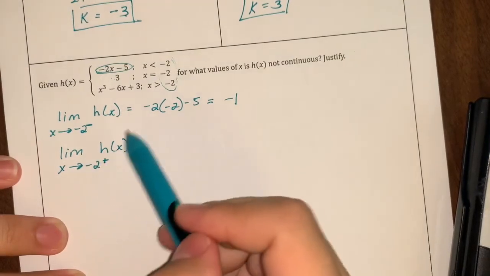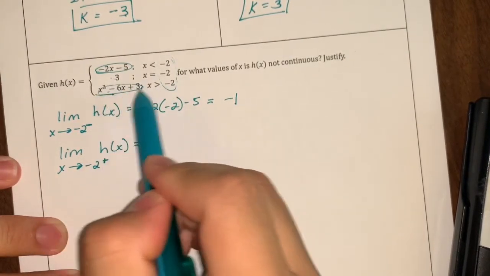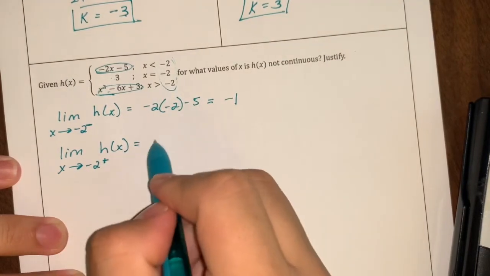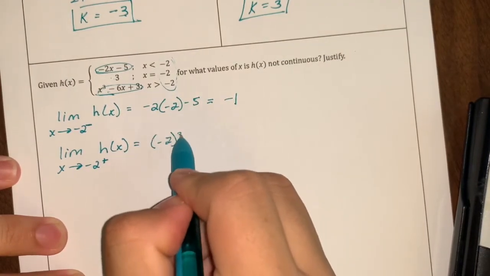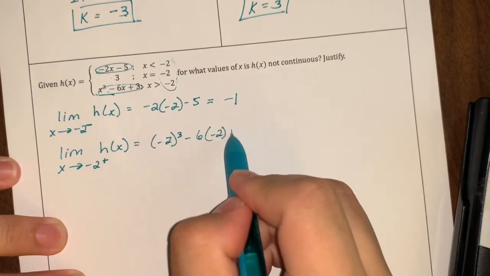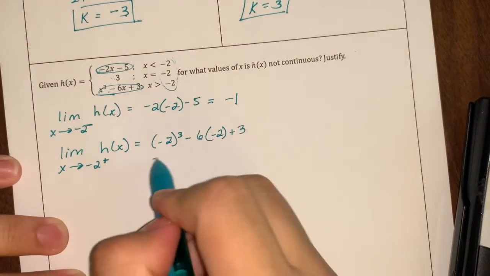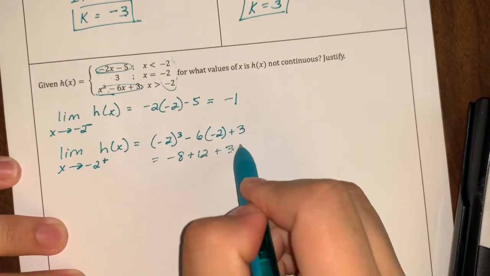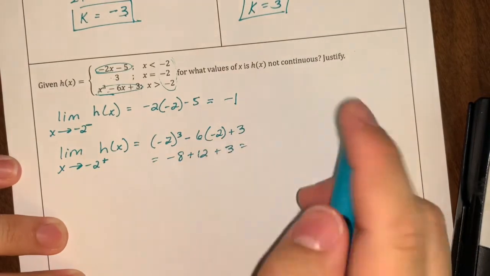If I did the limit as x approaches -2 from the right of h of x, that's referring to this equation right there because it's values greater than -2. If I plug that in, I'll get -2 cubed minus 6 times -2 plus 3. So when I work that out, that's -8 plus 12 plus 3. Mental math.